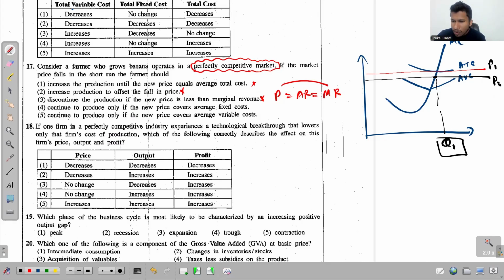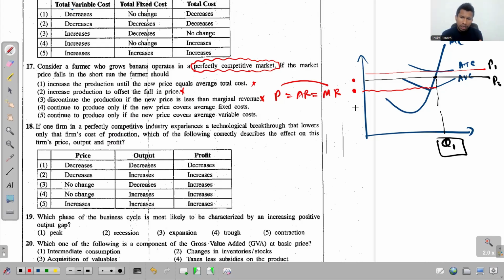When the farmer produces this quantity, the farmer can earn this much of price, but the per unit variable cost is only this much. So price is here, the variable cost is here, which means when the farmer produces a certain quantity, he receives whatever the price from the market, and he can cover the variable cost that incurs to produce that unit, and also there is a surplus, right?